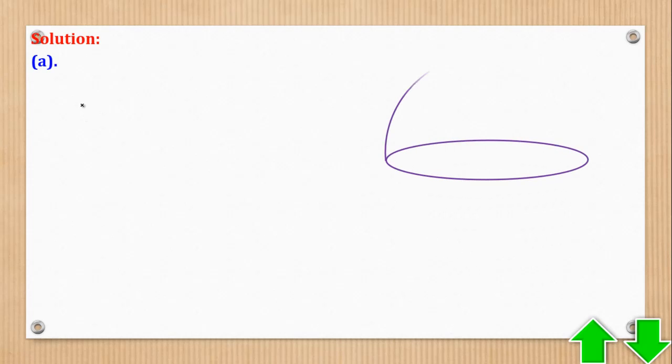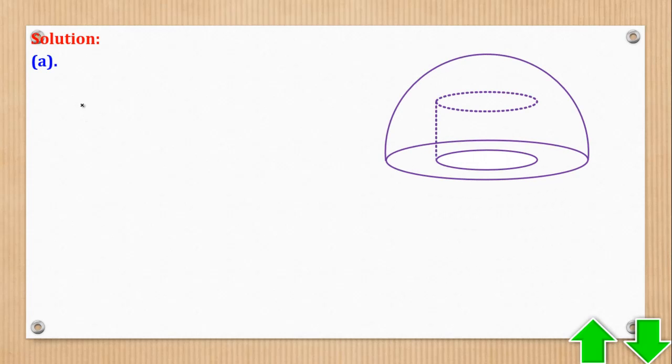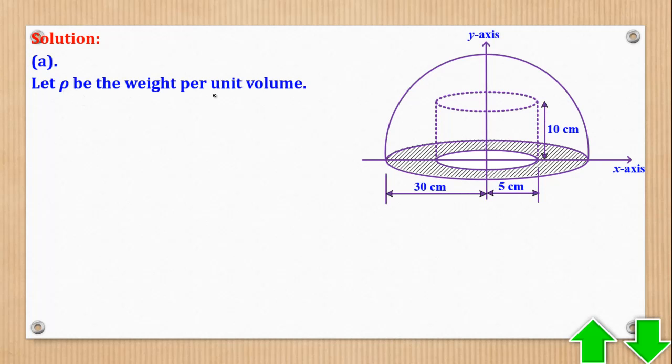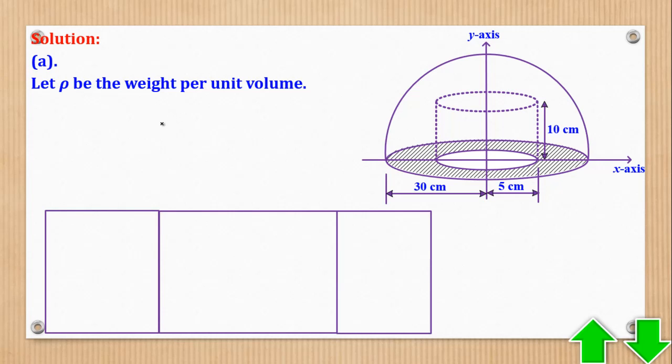So we are going to redraw it so that the flat surface faces downwards. Okay, so now we can let rho be the weight per unit volume, and then we tabulate. So we shall need a column of figure, weight, and the y coordinate.